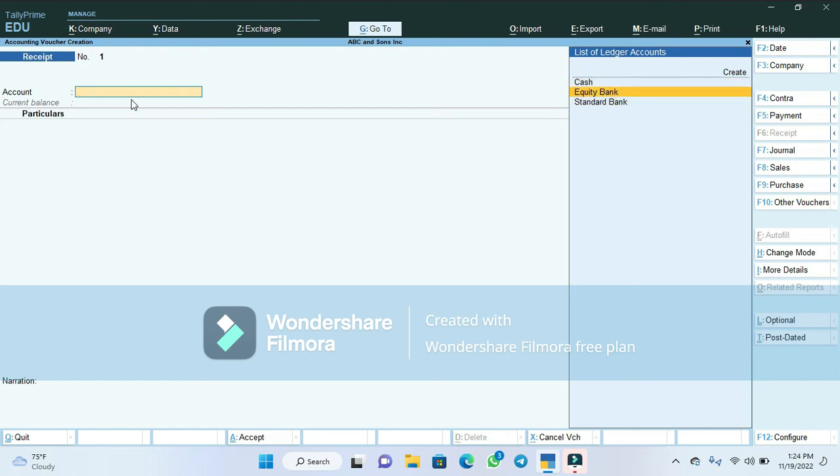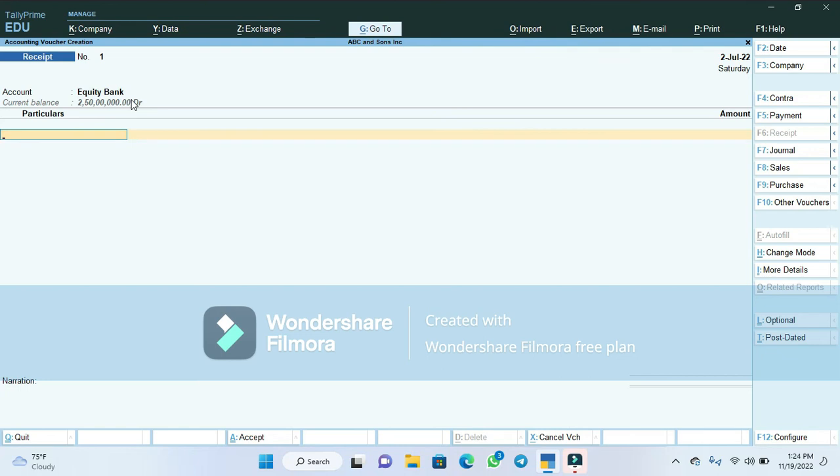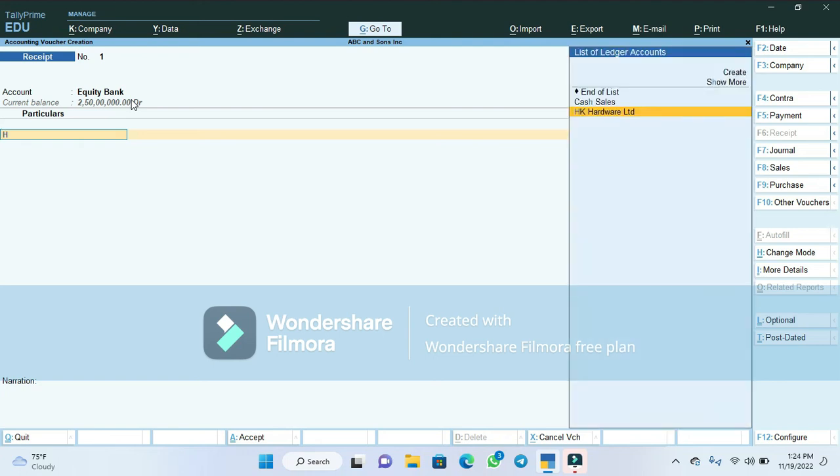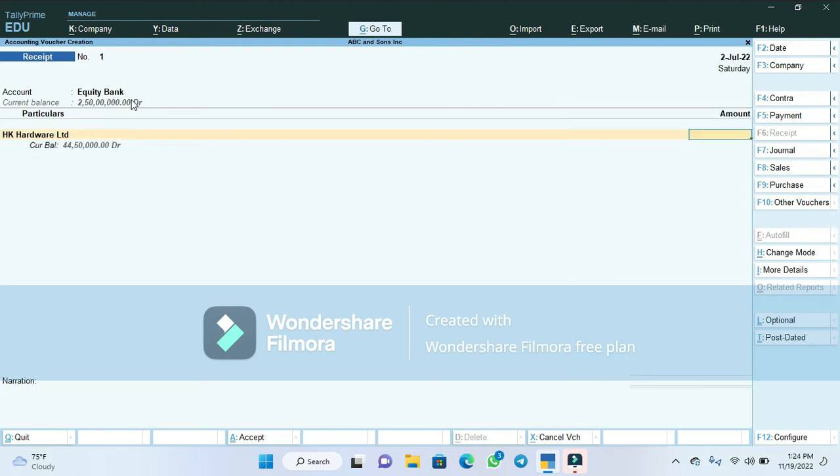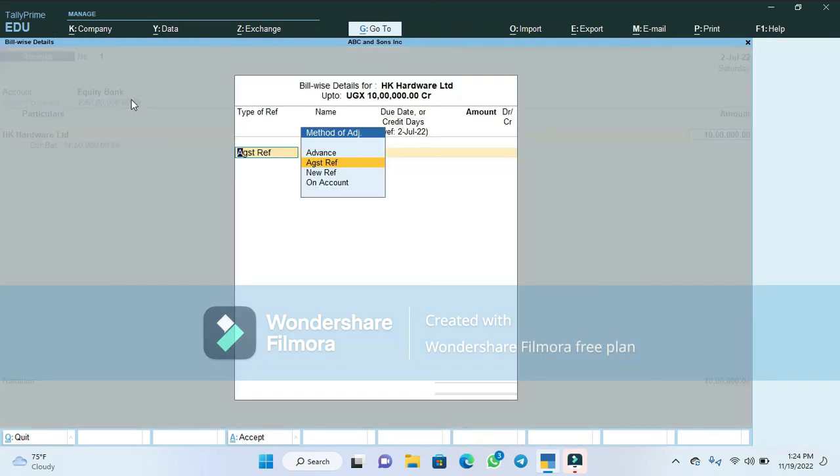Assuming they are paying to equity, we shall select equity. Then under particulars, we shall select from whom this cash is coming. We shall say it's HK Hardware Limited. We select HK and we shall put the amount HK is paying us. Let's say HK is paying us 1 million. Press enter.